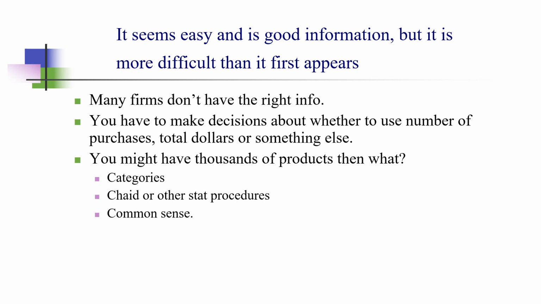Then what? Do you lump that information into categories? Do you try to use some common sense? Or perhaps CHAID or some other stat procedures that many of us researchers use to try to identify associations between, in this case, purchase behaviors.